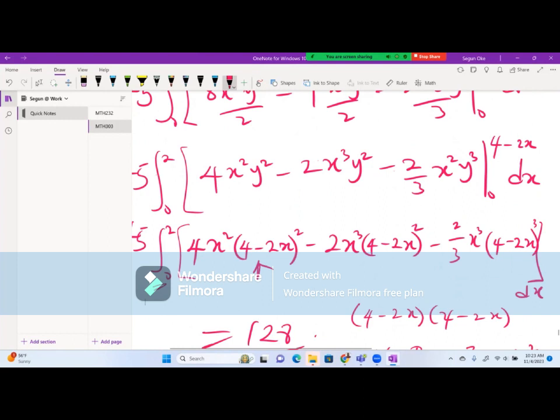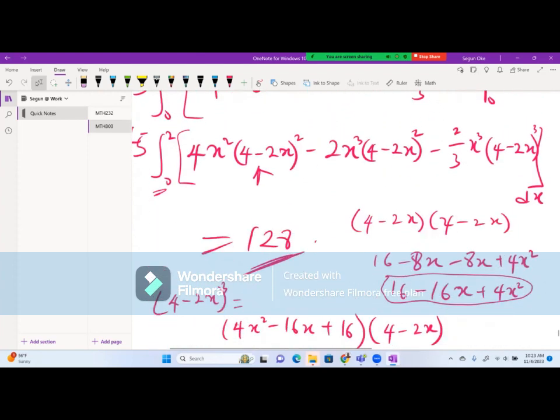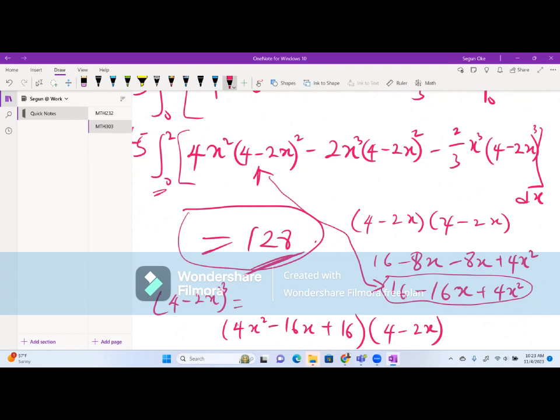I substituted 4 minus 2x from the upper limit of y. I'm just trying to assist you guys. The final answer you will get is 128, but I'm giving you the steps to reach 128 because I'm not going to solve everything. I just want you to go and do it by yourselves. That's why you see 4 minus 2x squared. I open it and put it here, and the same thing you put here.